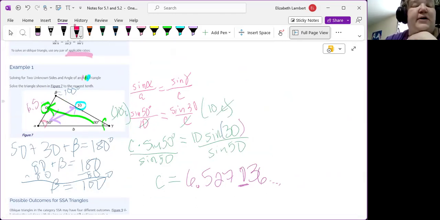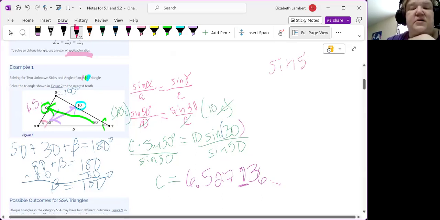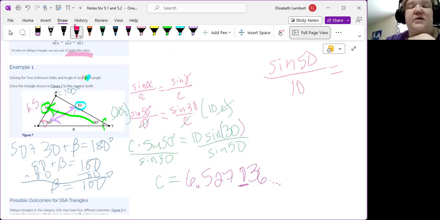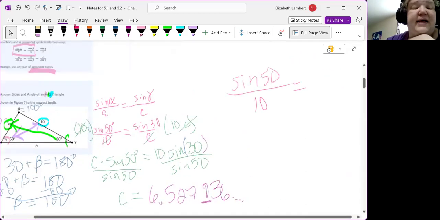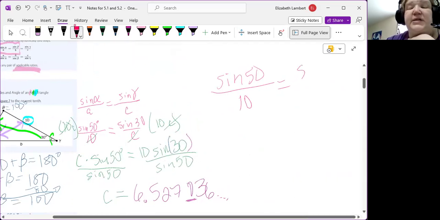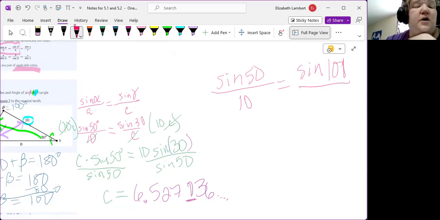So that pair is our sine 50 degrees and 10. And then sine beta is sine 100 over b.